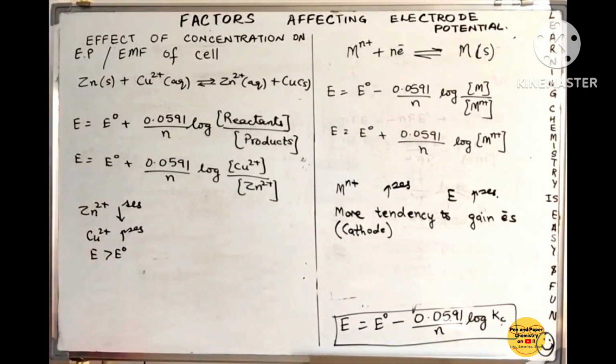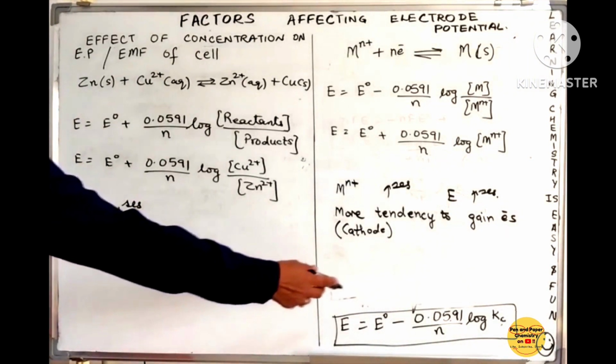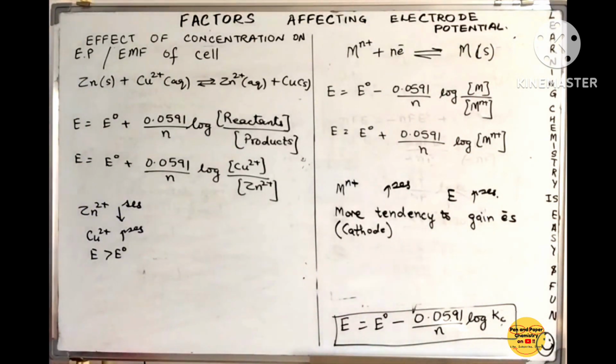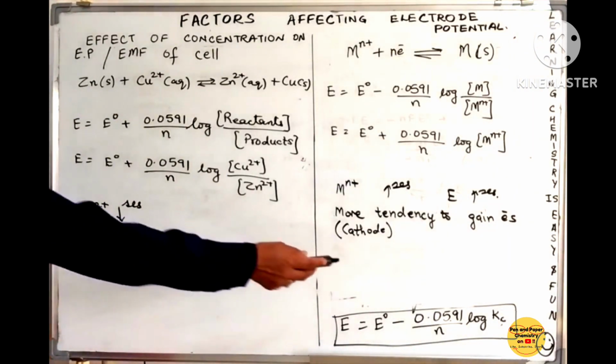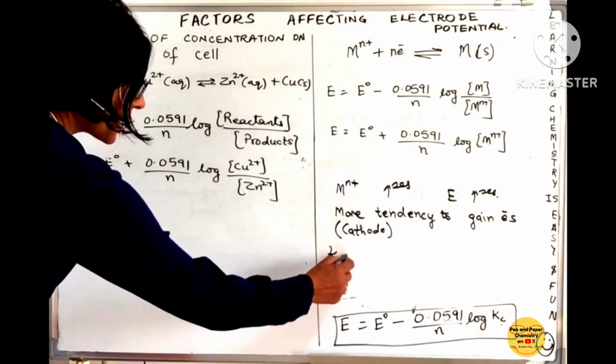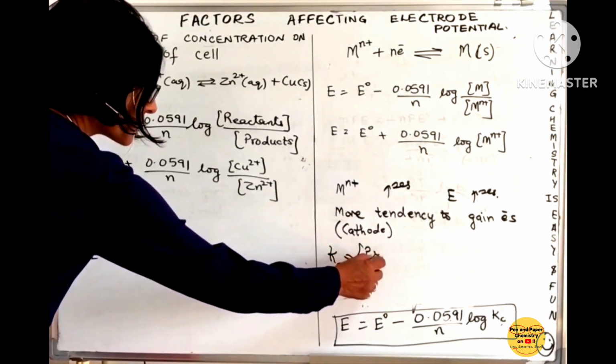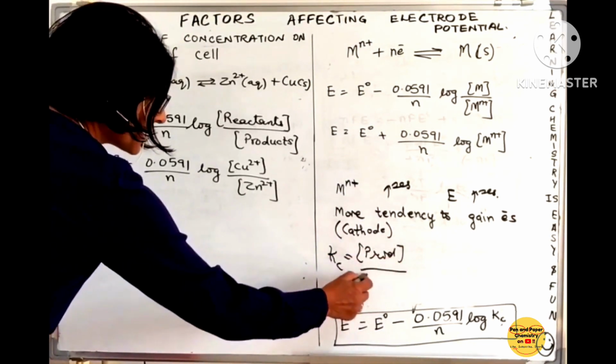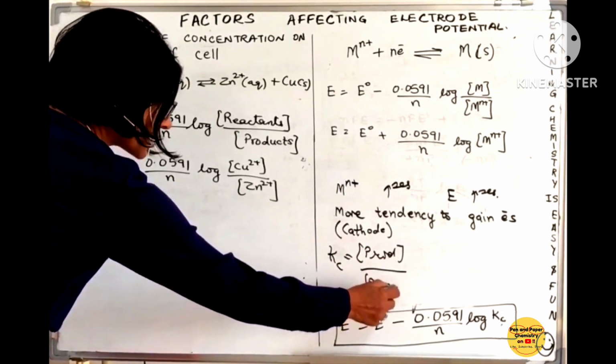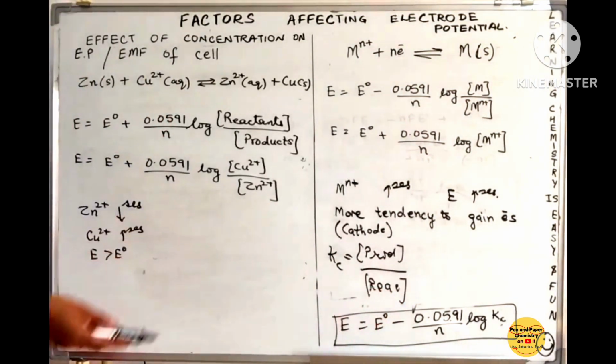Coming back to our expression, E equals E0 minus 0.0591 upon n log of Kc. Now Kc means that we are talking about the concentration of products divided by the concentration of reactants. What if I reverse it? I take the reciprocal.